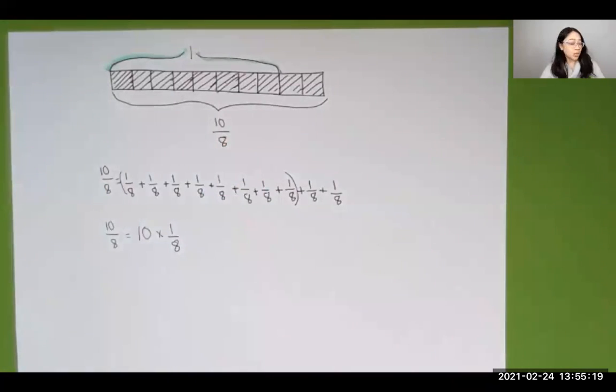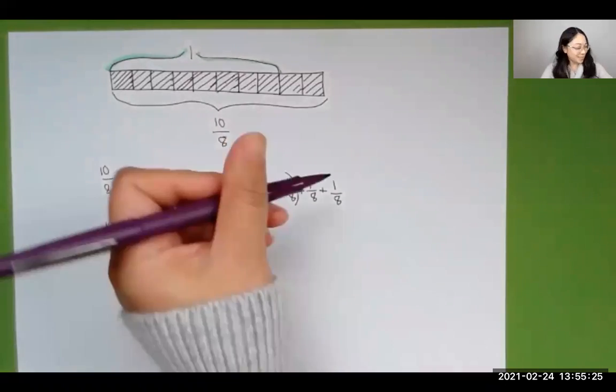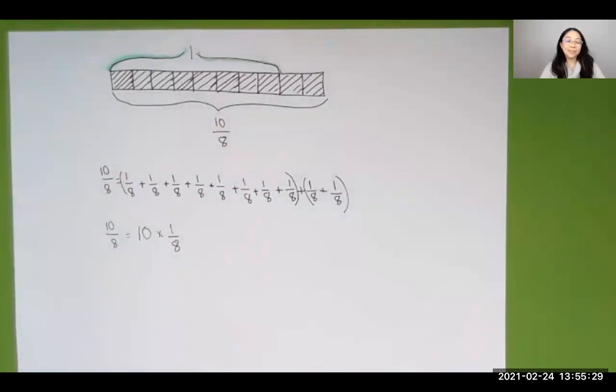And how many eighths do we still have here? 2/8. How can we show 10/8 as a multiplication sentence again, but this time show 1 and 2 more eighths?